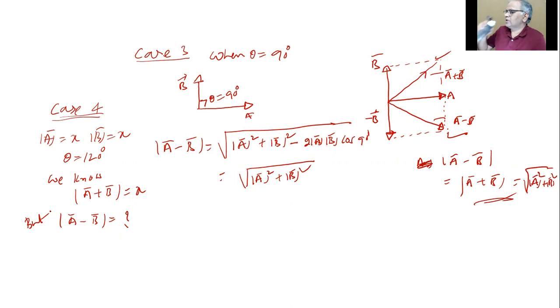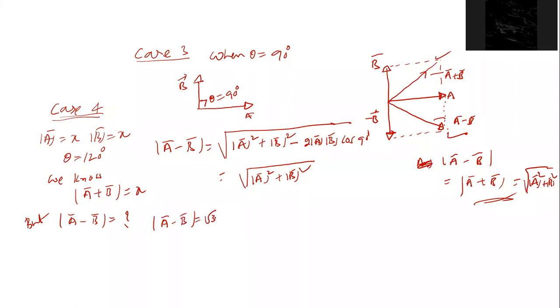Vishnuvardhan, Vasist. Sir, is it x root 3? Who is it? Guru Charan? Yes, sir. That's correct, child. So how did you get it, Guru Charan? Sir, I used the cosine rule. Right, let us use it.